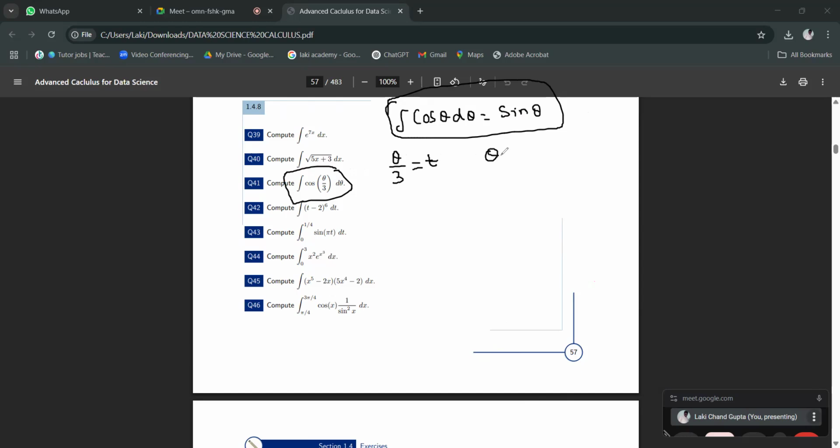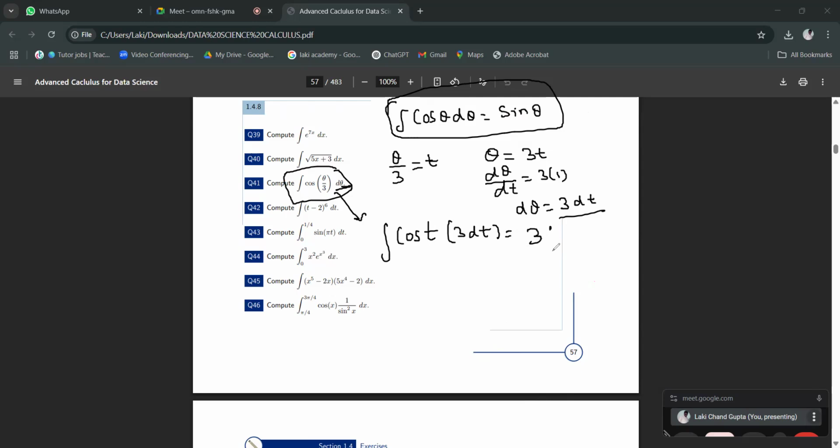Now theta becomes what? 3t. When you differentiate this, you will get 3 into 1 dt. Right? Now in this integration, cos theta by 3 becomes cos t, and d theta is replaced by 3 dt, where 3 is a constant.